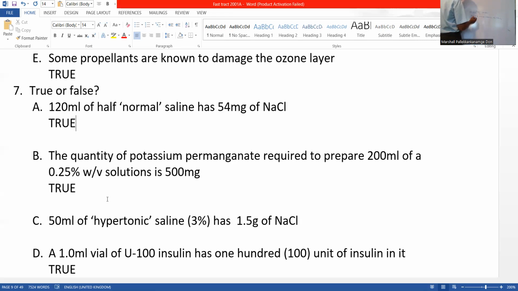When you convert it to milligrams, 0.25 grams into 1000 milligrams per gram in 100 ml, so this is 250 milligrams in 100 ml.